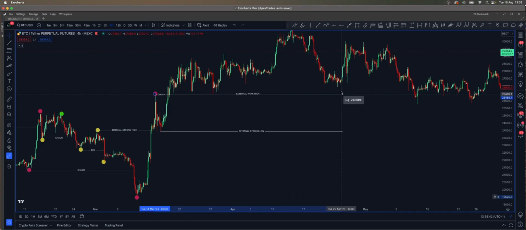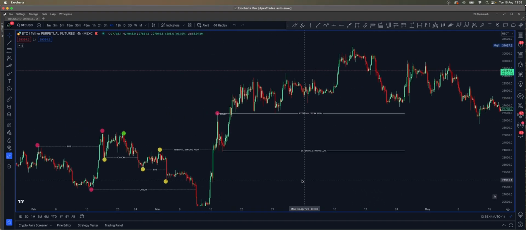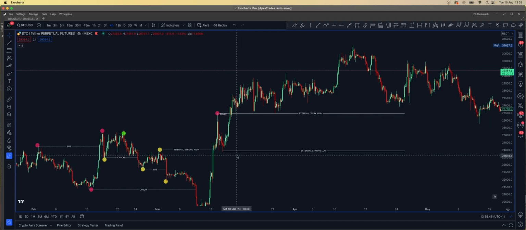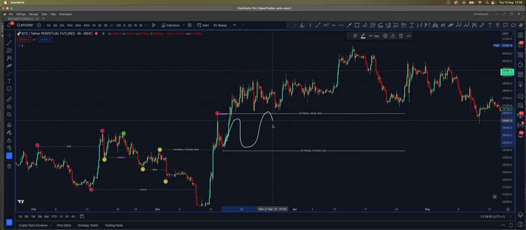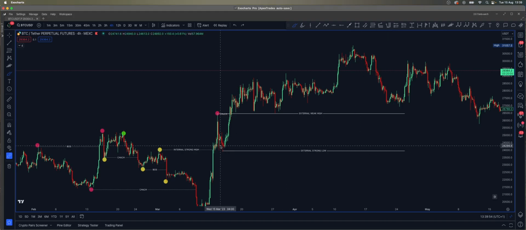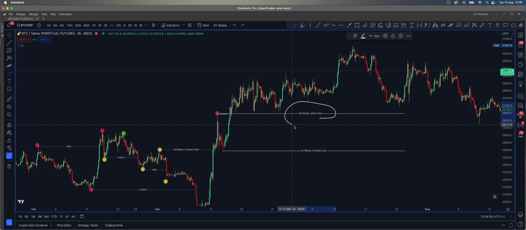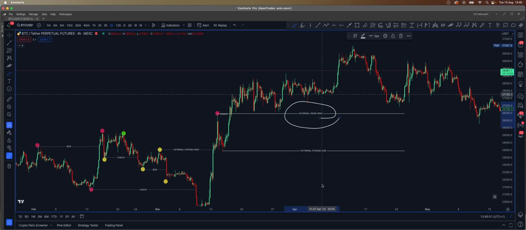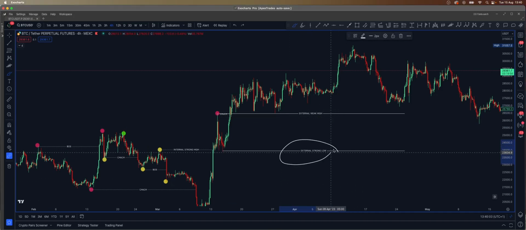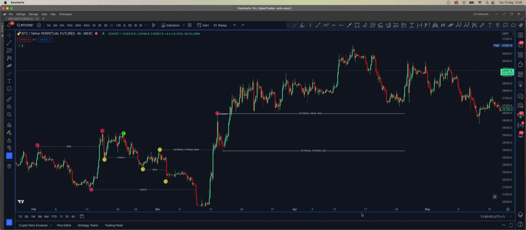Actually, I'll just do it like this for the sake of visibility. And what do we do? So in the range again, this is our range, and all we're really considering is that we absolutely expect the external weak high to break, but we expect the strong low to hold, yeah? And so it does exactly that, right?